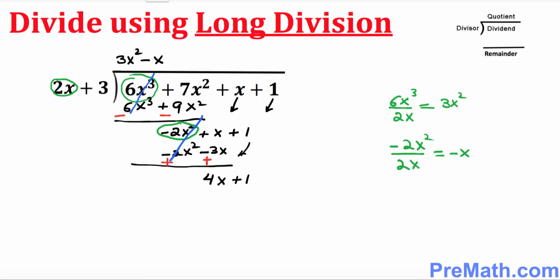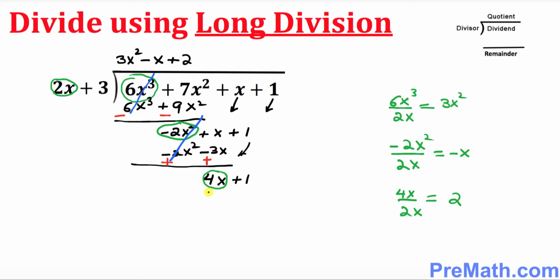Once again we're going to do the same thing. Get the leading term, which is 4x, write it down over here, divided by the leading term outside, which is 2x, and that is going to give you 2. So I want you to put this positive 2 right up here. Multiply this positive 2 with both of these terms outside, which is your divisor.